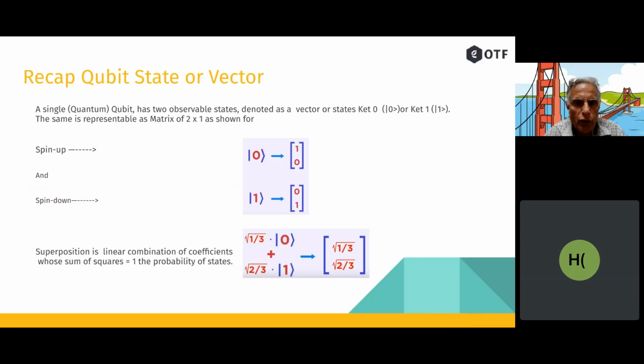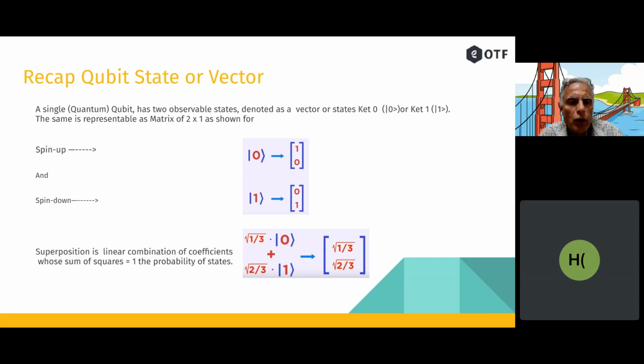So here I go. First, a recap of what we had in session 1, as well as what Professor Gokhale covered in session 2: qubit state or vector. State and vector are synonymous for the qubit, and the qubit itself is spin up or spin down, represented by a 2x1 matrix, which is nothing but a column matrix. The column matrices (1, 0) in this case is spin up, and (0, 1) is spin down.